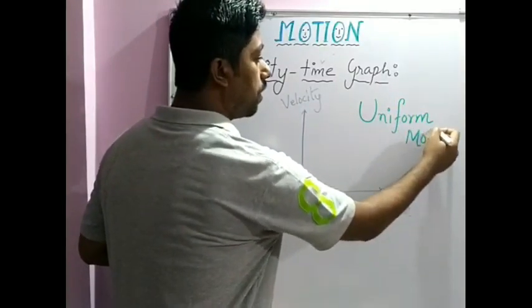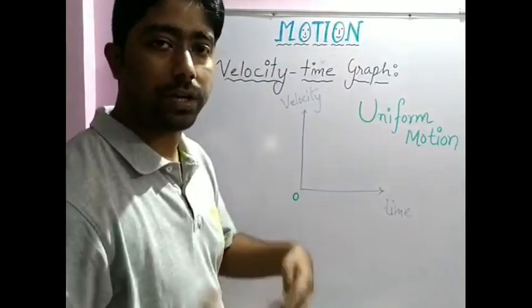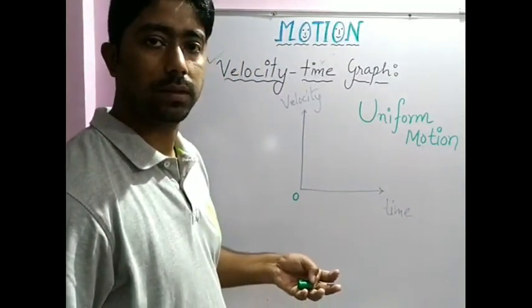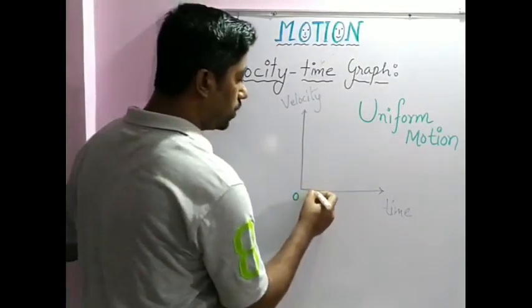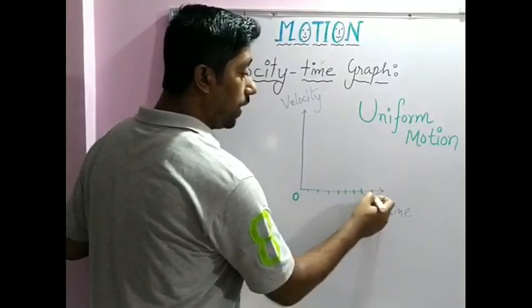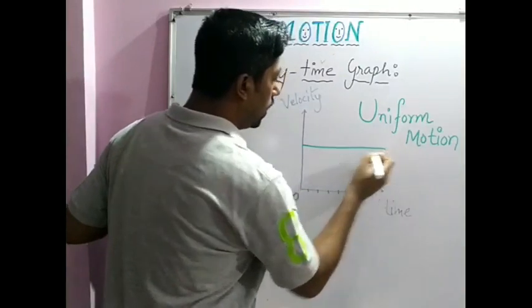If this graph is for uniform motion, then whatever be the instant of time, velocity is always constant. For each and every value of time on the time axis, the value of v is always the same.